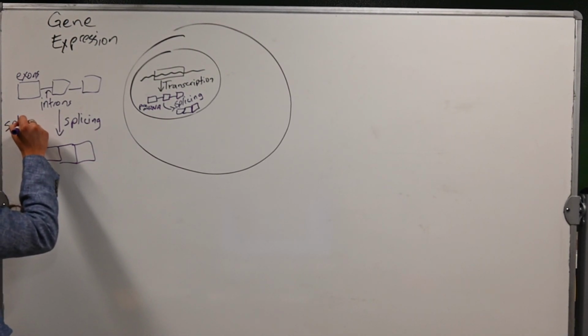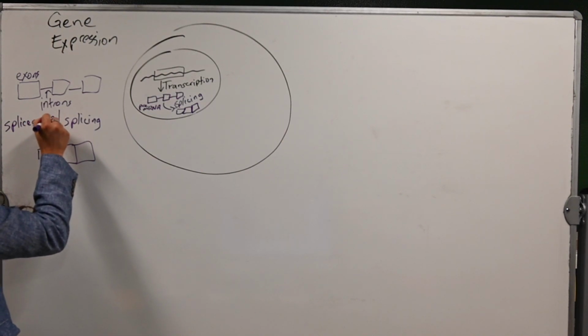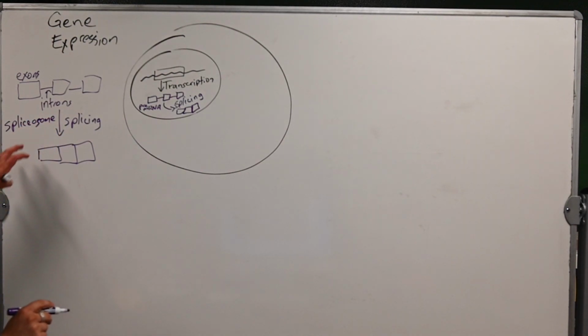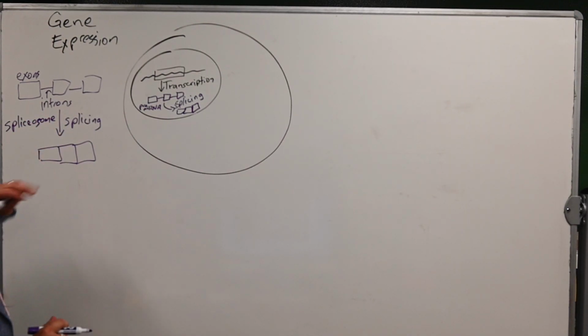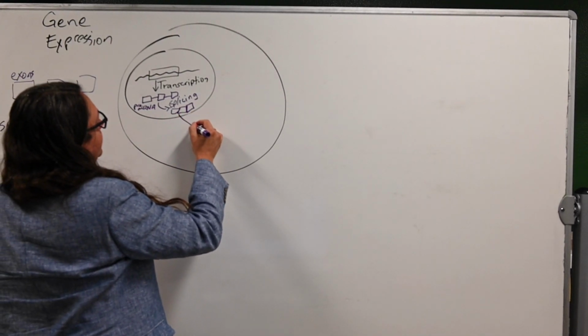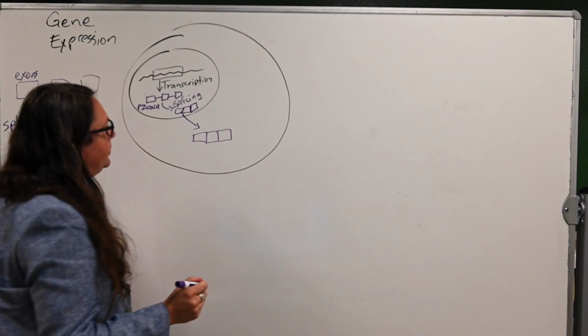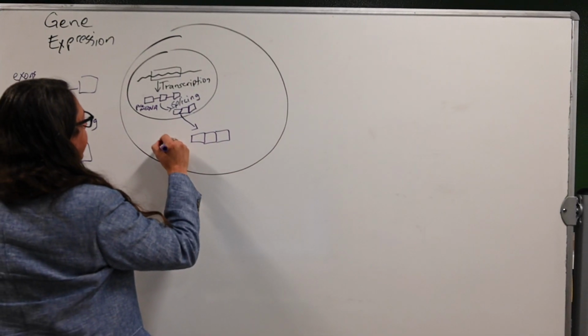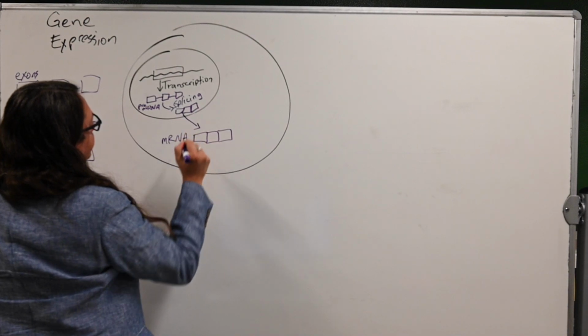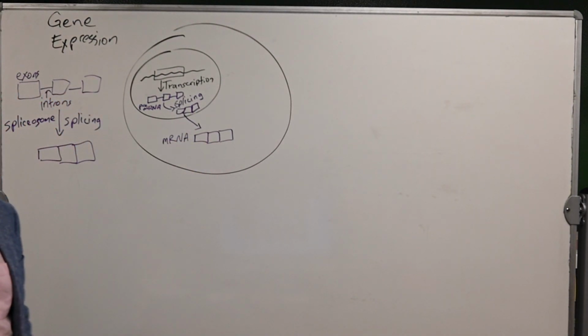Spliceosome? Right, the spliceosome, okay? It does the splicing, and now this can exit the nucleus. So we've got the transcript out of the nucleus now, so it's now our mRNA, or mature mRNA. Now what happens?